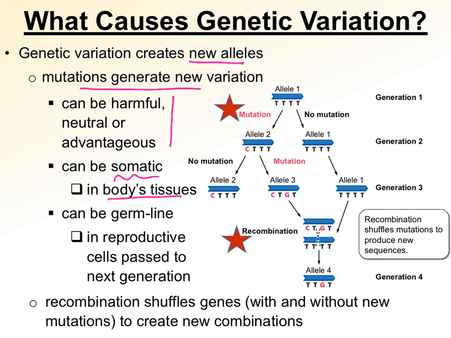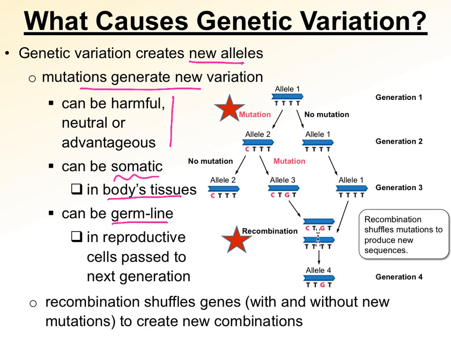Somatic tissues is a fancy word for that. We know they also can happen in your reproductive cells or in your germline and therefore be passed on to the next generation. And we know that during the process of meiosis, you have recombinations of your genetic material leading to new versions. And so all of this leads to genetic variation.